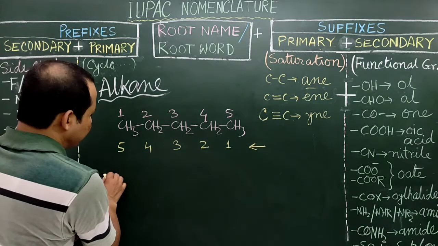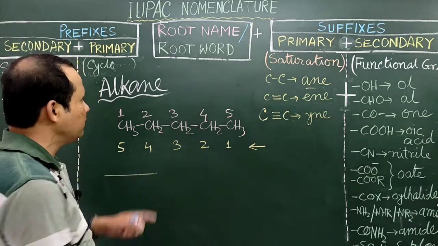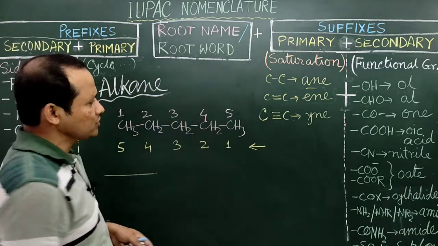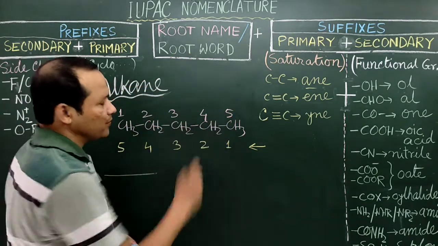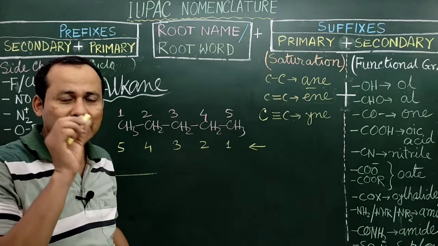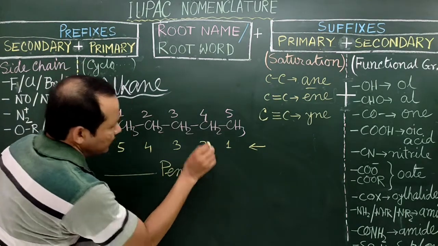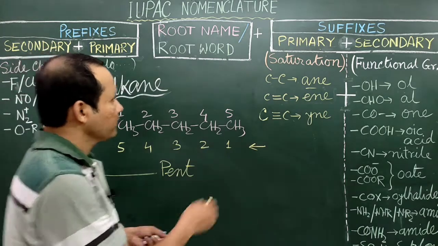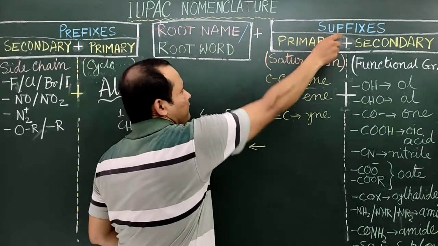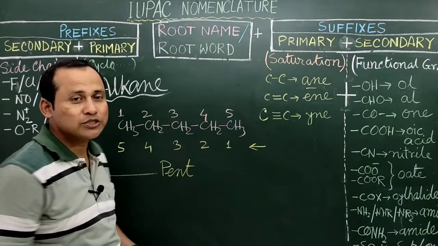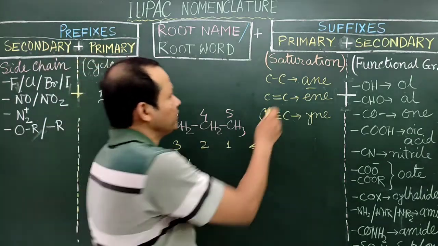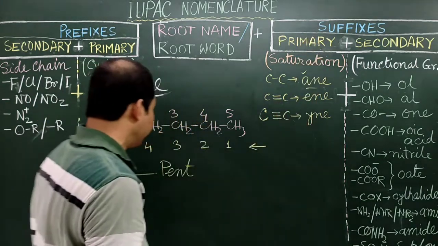So nothing will be there in the first portion, the prefix portion. Directly the root word is to be used. Since 5 carbon atoms are there, the term pent will be there. Now come to the suffixes. This compound is saturated. Since it is saturated, this term will be added.